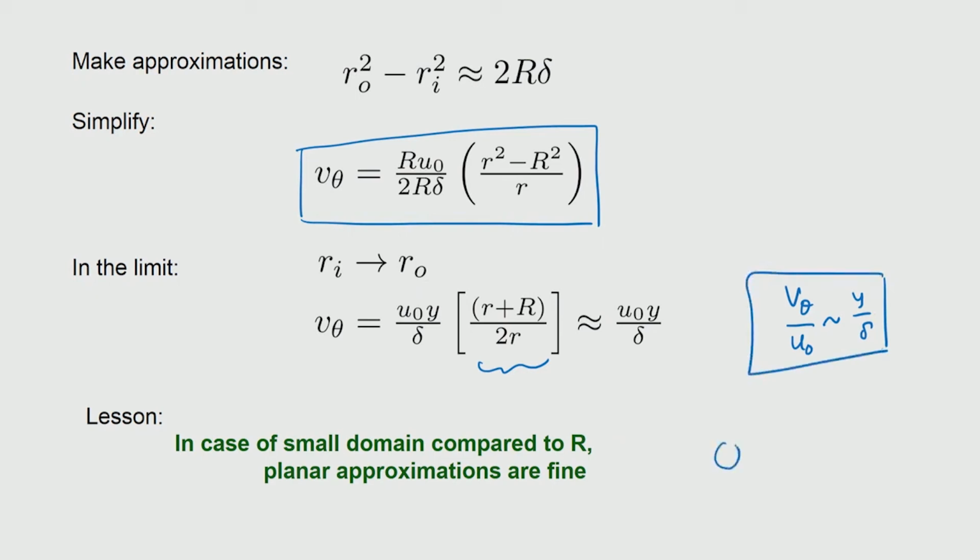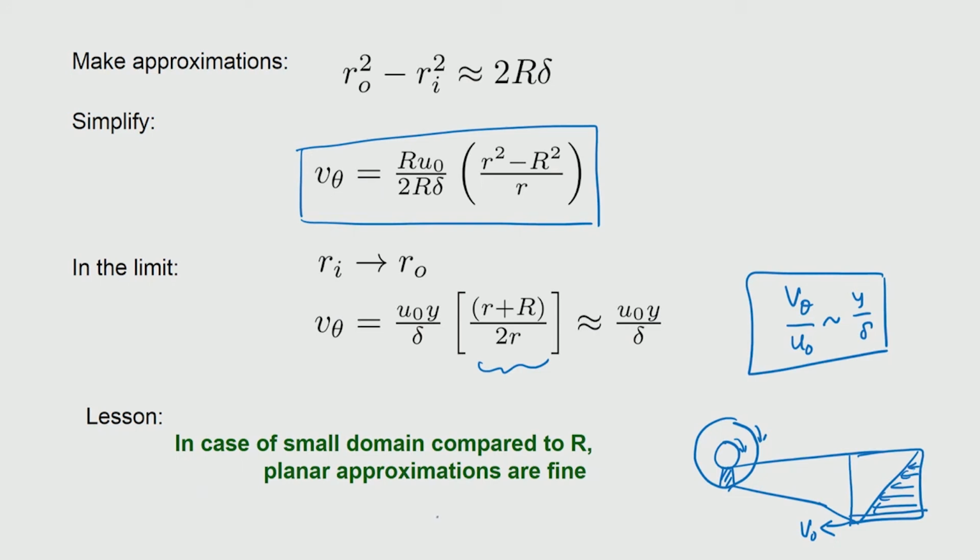So in a situation where this is what is happening, you can look at the domain and imagine that this domain is in a situation like this, so flow would be like this.